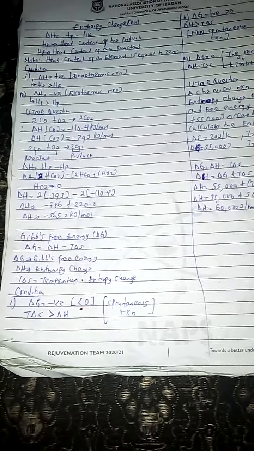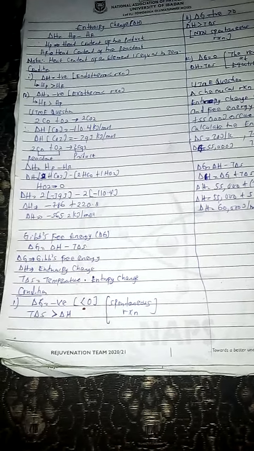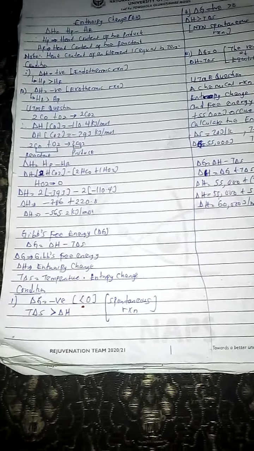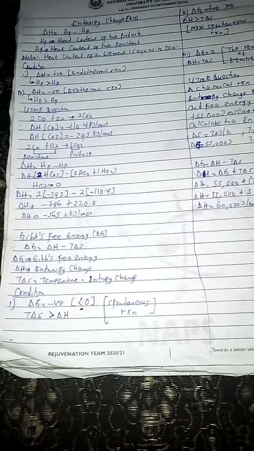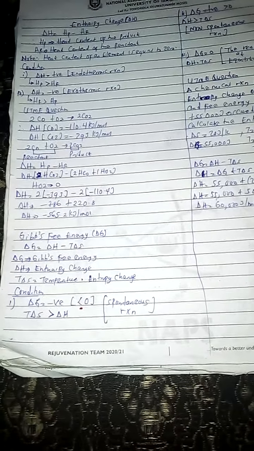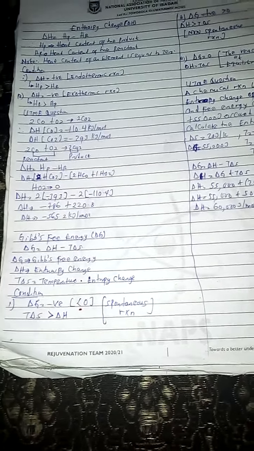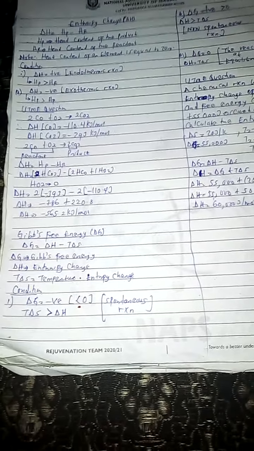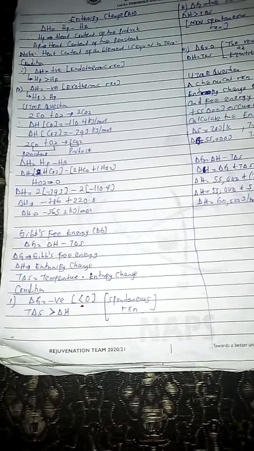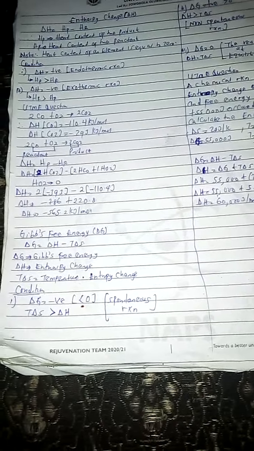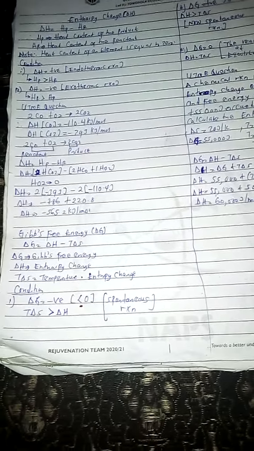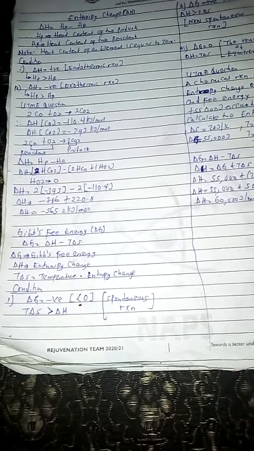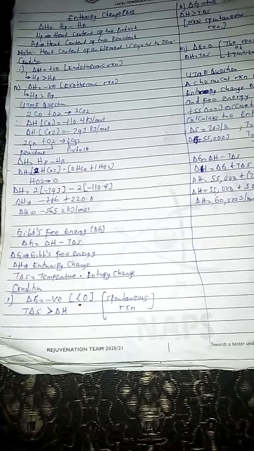UTM question, we are given a reaction 2CO plus O2 to give 2CO2. The enthalpy change of CO, carbon monoxide, is minus 110.4 kJ per mole, and the enthalpy change of CO2, carbon dioxide, is minus 393 kJ per mole.